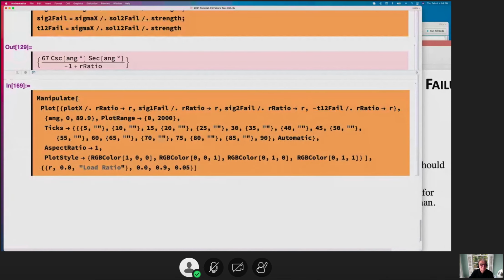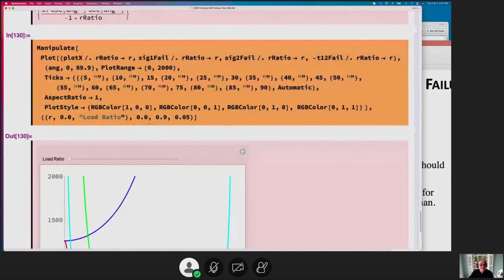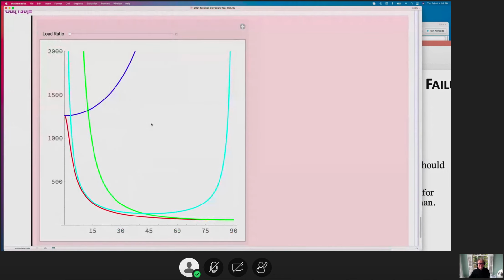And then I'm going to use manipulate and let the load ratio R, or R ratio, be changing. And this is what I get. So for R equals 0, this is what I have.